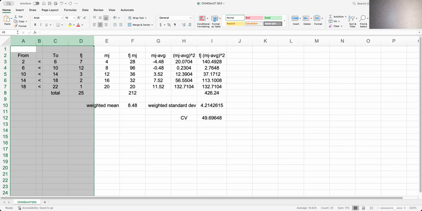M is the middle, halfway between 6 and 2, halfway between 6 and 10, and so on. And there's exactly the same setup as that table on page 137. Sorry, 136. No, 137. I was right the first time.